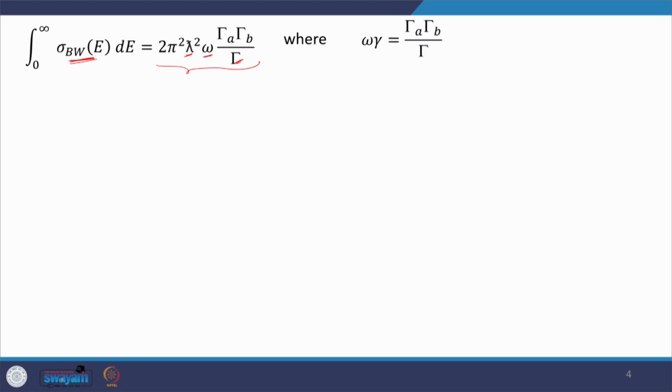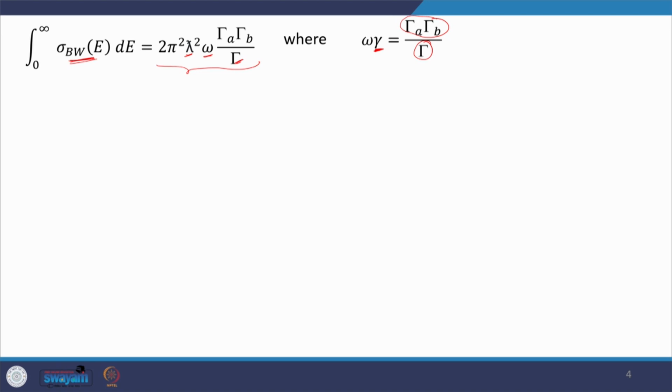So, let me use a symbol, this gamma, for the ratio of the product of the widths and this total width. So, one more confusing parameter. Already the partial width symbol is also termed gamma, and the electromagnetic radiation coming out in radiative capture reactions is also called gamma radiation.